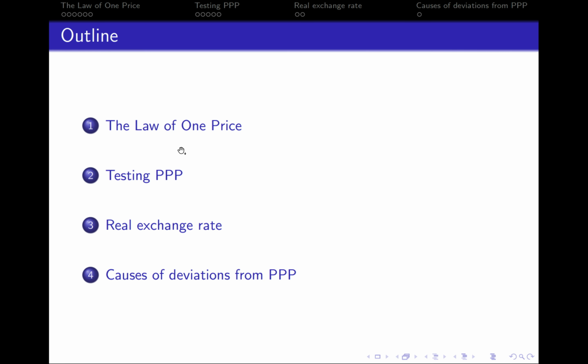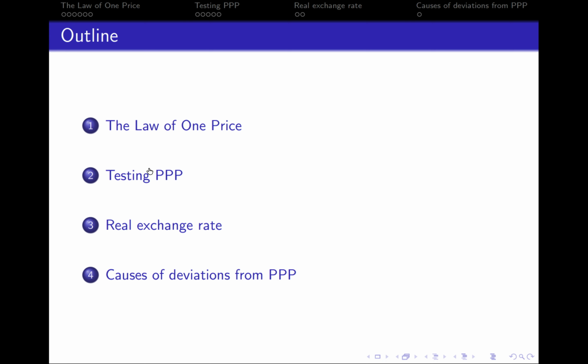First, we're going to discuss the law of one price, which gives rise to the PPP, or purchasing power parity, paradigm in determining exchange rates. Then we're going to test it.